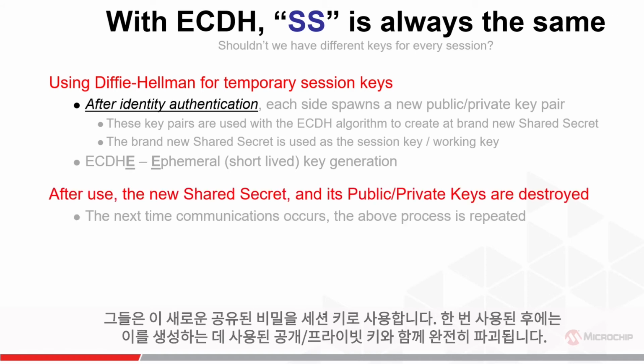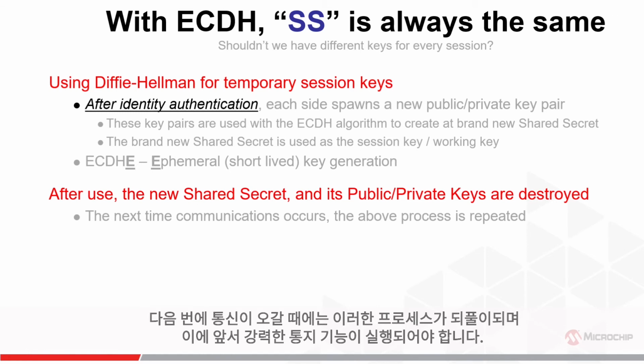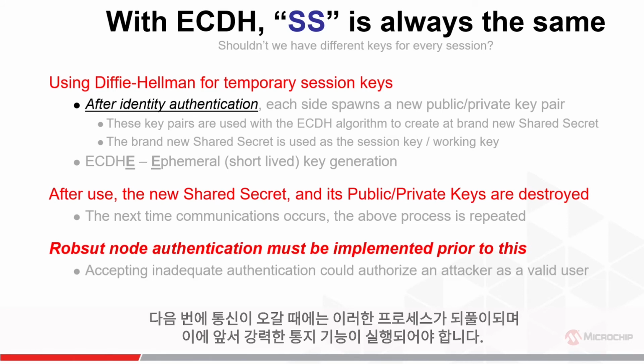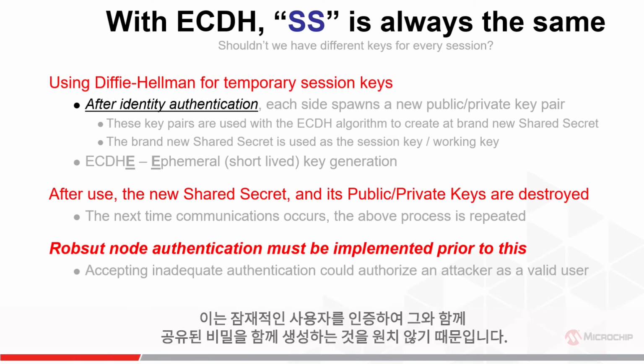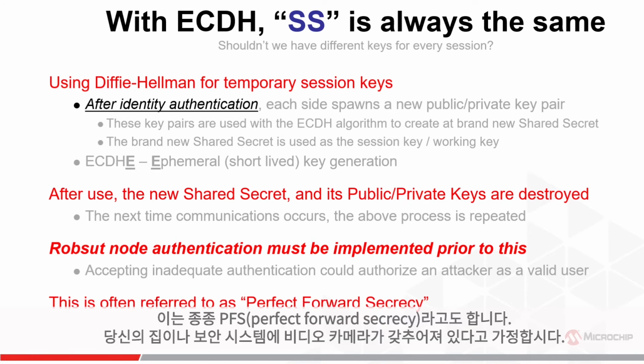Once used, the shared secret, along with the public-private keys used to create it, are completely destroyed. And the next time communication occurs, that process is repeated. Robust node authentication must be implemented prior to this because you would not want to authenticate potentially an adversary to create a shared secret with you. This is often referred to as perfect forward secrecy.